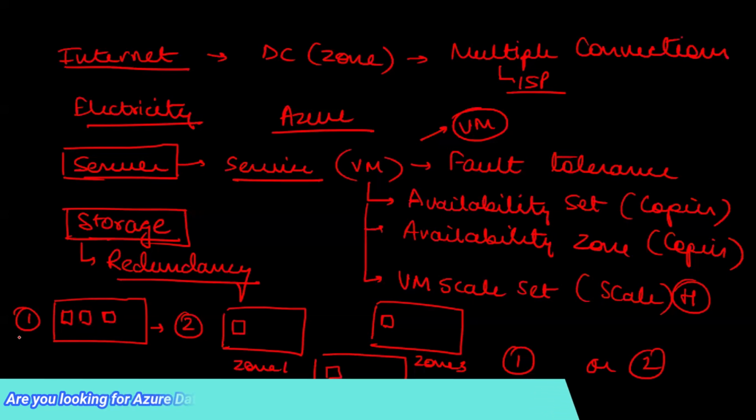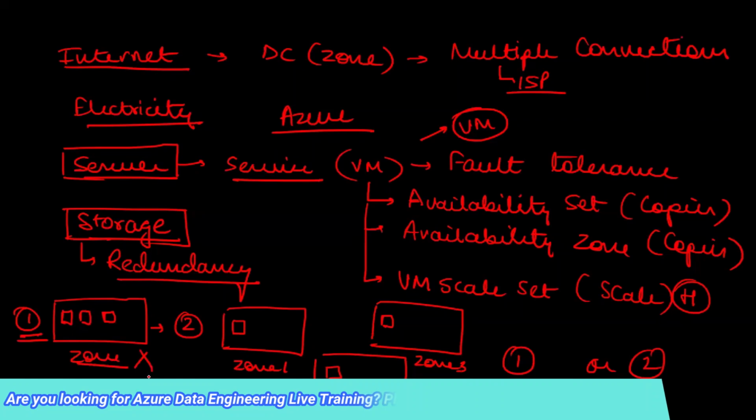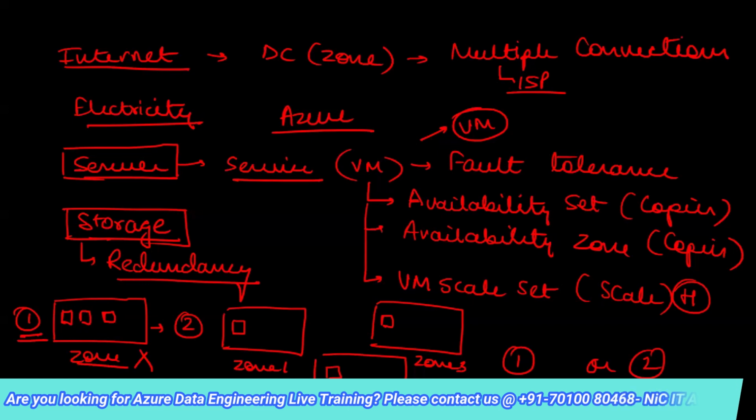If I look at option one, what could go wrong here? What will happen if for some reason this entire zone has gone down? The entire data center building is down. Let's say some major electrical fault happened with the data center building and the entire data center has gone down. This could be the problem here. So how do I resolve it? I resolve it by replicating my data in different zones.